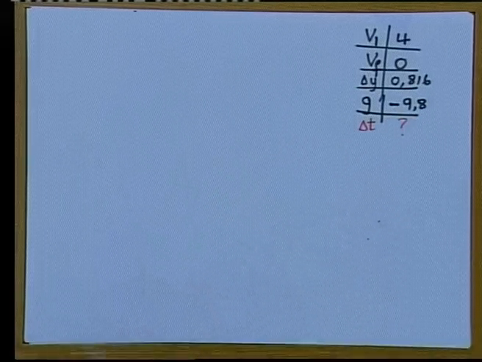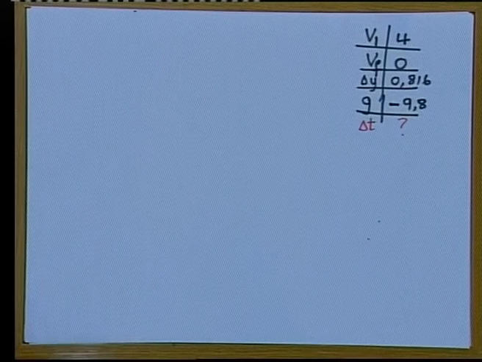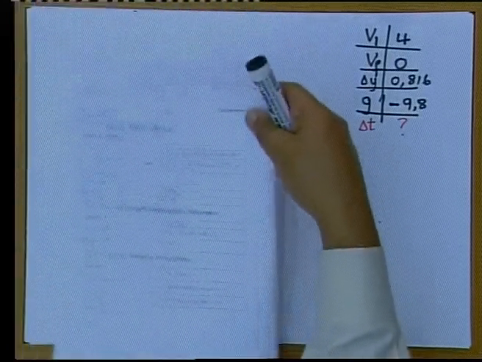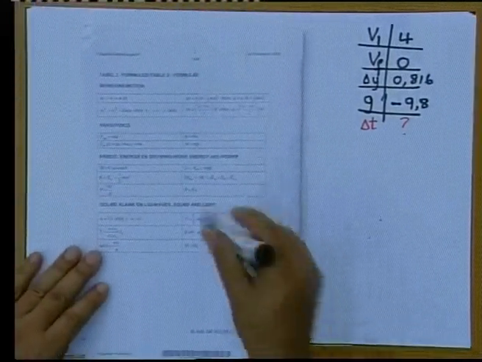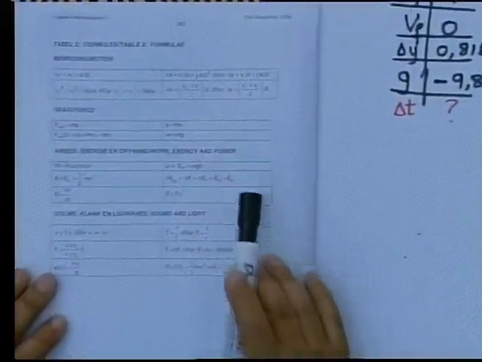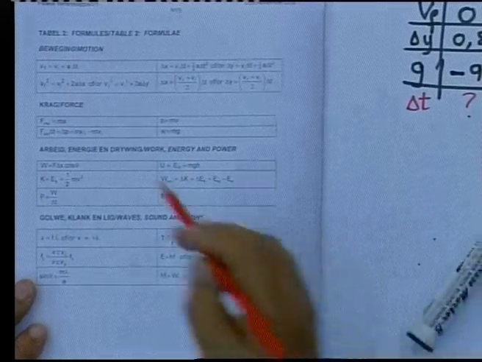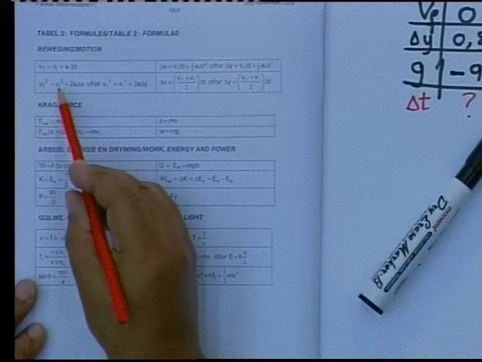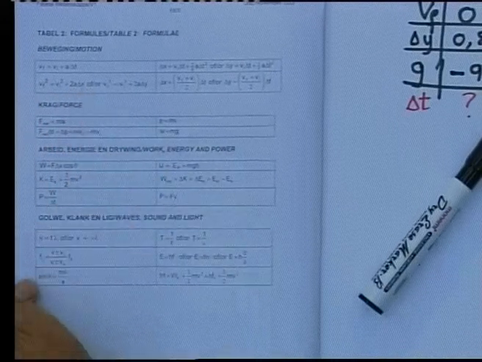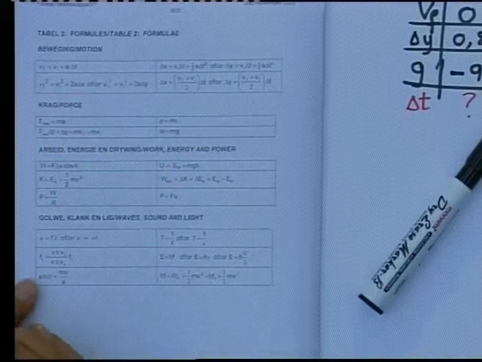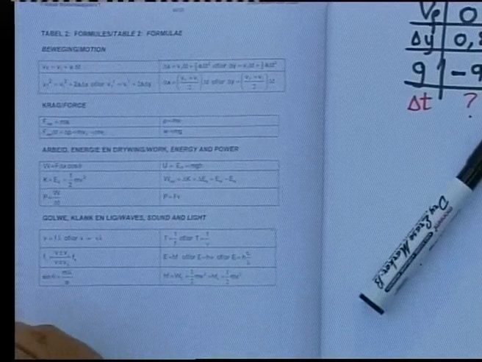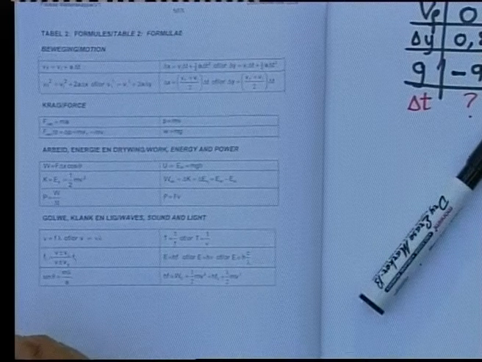That is what I have to work out. So I look again at my data sheet and I try to find one of the four equations, which always have 4 unknowns in them. 1, 2, 3, 4 unknowns in them, and I must have 3 pieces of information to answer the question. And this time I must find the time.